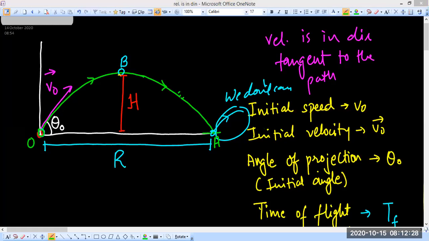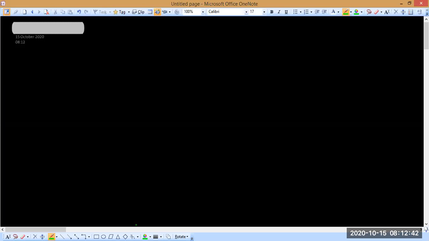Okay, now the first and very important and very basic thing to this whole topic is making a list of what we know. Okay, let's start. So as usual, let's say that there's one x-axis and one y-axis, right? Right now we are just considering that we are throwing from the ground.